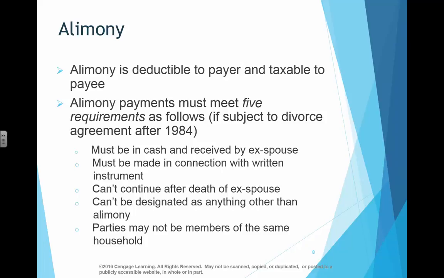If I'm receiving alimony, what line does it show up on as taxable to me? Line 11. If I'm paying alimony, it's a deduction for AGI. Where does it show up?